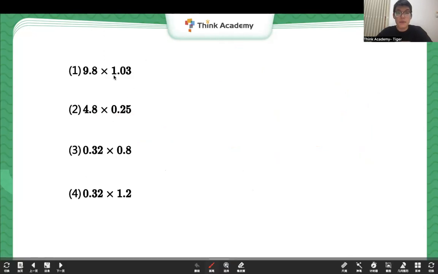Okay, so now we are moving on to the multiplication of decimals. So for the multiplication of decimals, here is how it works, okay? So listen very carefully. First of all, we just multiply 9.8 with 1.03.